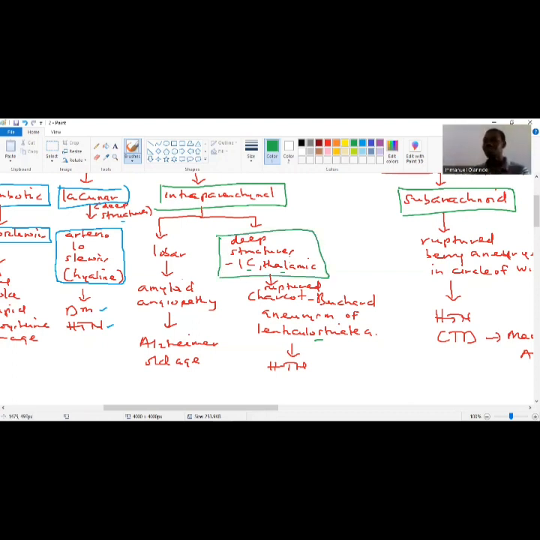If the bleed is outside the deep structures, in the lobes, we're dealing with the frontal lobe, the occipital lobe, the parietal lobe. You can clearly see a lobar hemorrhage, which will be very large, not in deep structures. Then this is commonly associated with amyloid angiopathy.